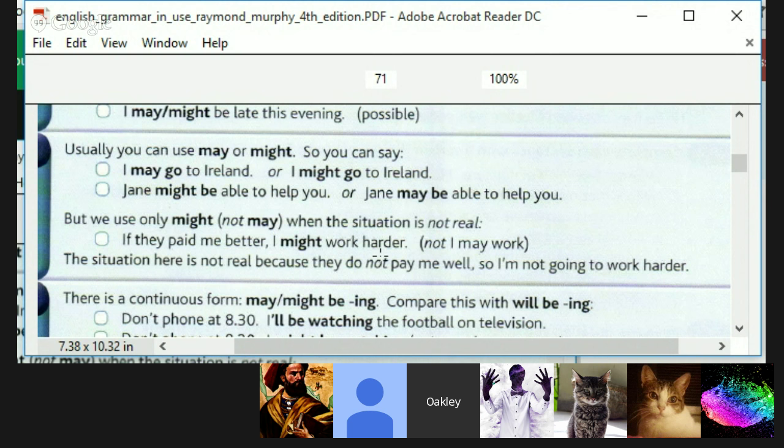If they pay me better, I may work harder. Okay, no problem. But when we're dealing with the second conditional, which is hypothetical or imaginary or unreal, notice the past tense in the if clause, paid. Not pay, but paid. Then we have to use the hypothetical might.